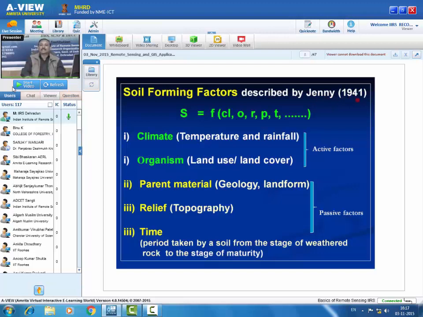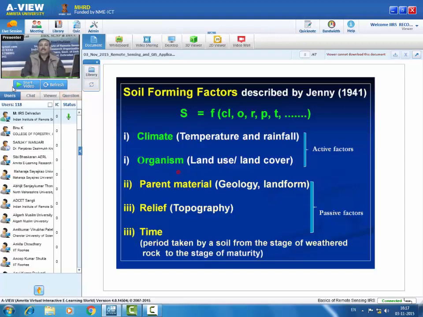The factors were given by Jenny, a scientist, in 1941, and till today they are used for studying soil. He told that soil is a function of climate, organism, relief, parent material, and time. Climate, which is temperature and rainfall, is important. Organism describes the land use, land cover.